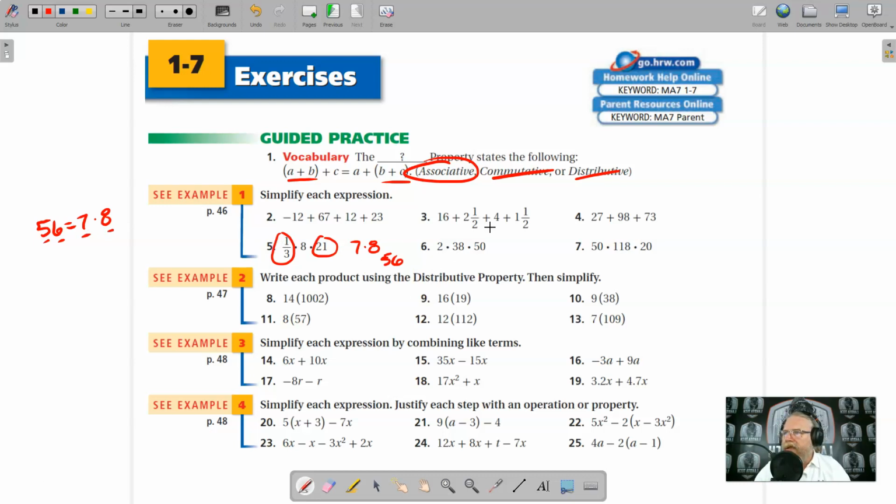All right, let's try the one with the fractions here. I've got a half and I've got a half here. I will put the 2 and the half and the 1 and a half together, and the 16 and the 4 together. The 16 and the 4 together is going to give me what, 20, right? And then 2 plus 1 is 3, plus the 2 halves is going to put me at 4.